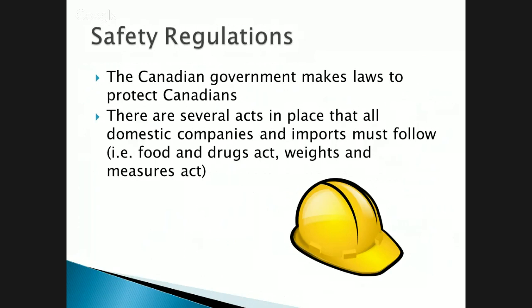So imported food must be as safe as domestic food, just as an example. They have to be put under the same regulations as any domestic company. So products brought into Canada for resale have the same packaging and labeling requirements as well as domestic products. So anyway, those regulations are put in place to protect Canadians and Canadian business.